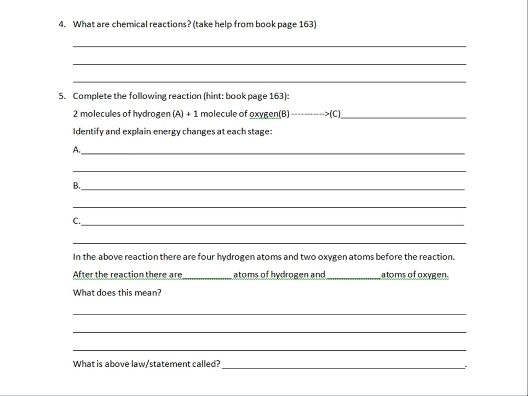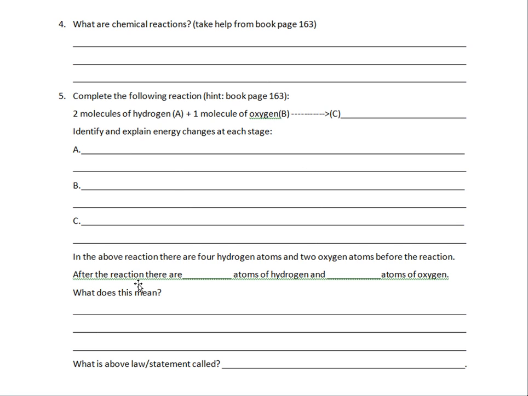Okay. So you can see there are basically over here two molecules of hydrogen. So if there are two molecules of hydrogen, this means each hydrogen molecule has two atoms. One molecule has two atoms. So two molecules will have how many atoms? Four, of course. And one molecule of oxygen has two atoms.